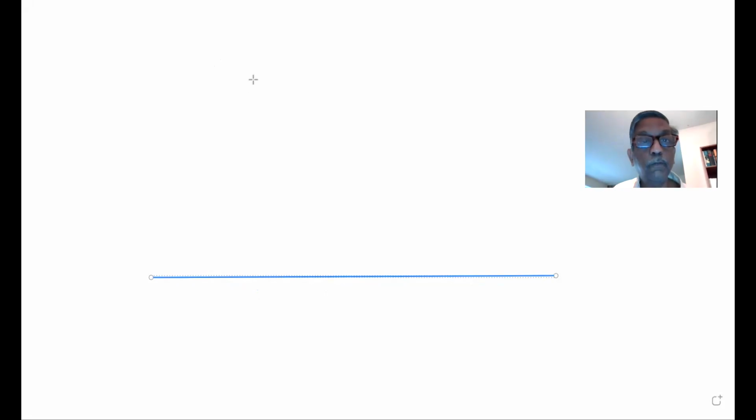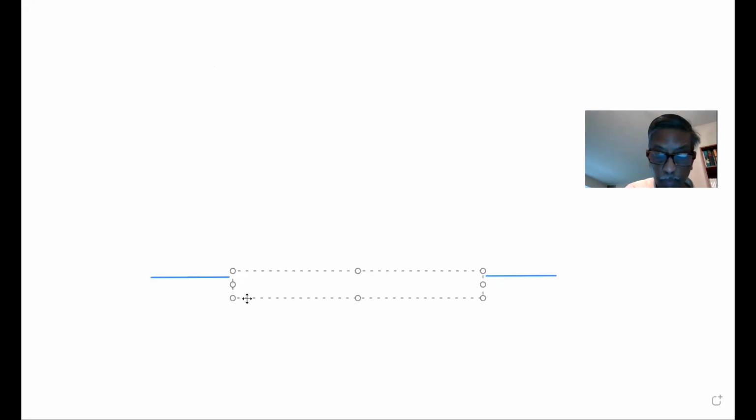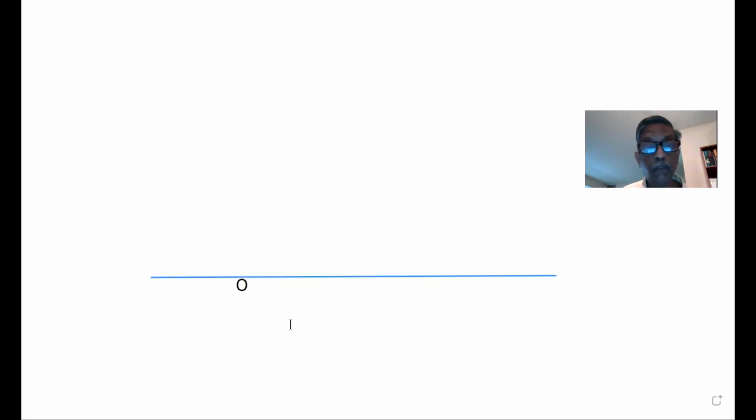Okay. Put some text here, suppose. Observer, let's call it O. Okay, so that's the observer here. And suppose the plane is flying on top. The plane is flying this way.